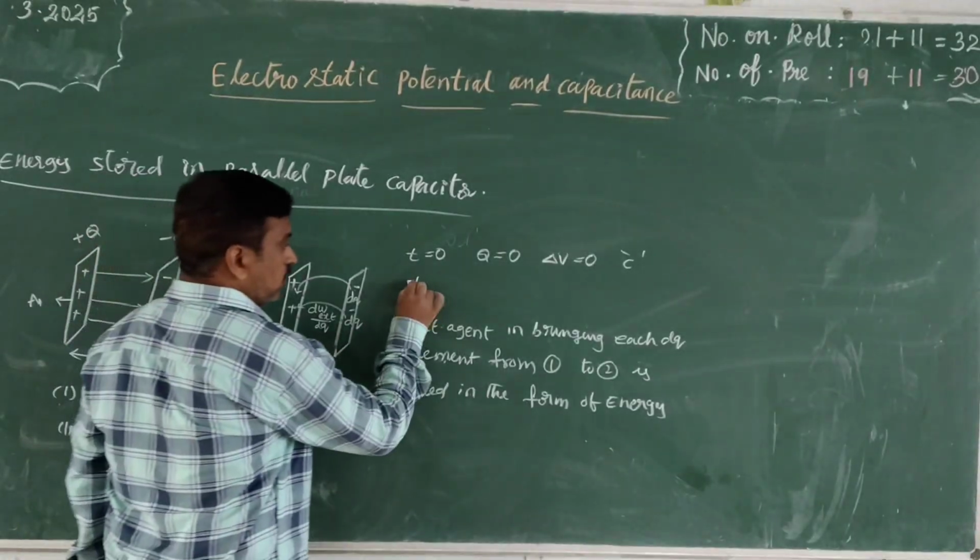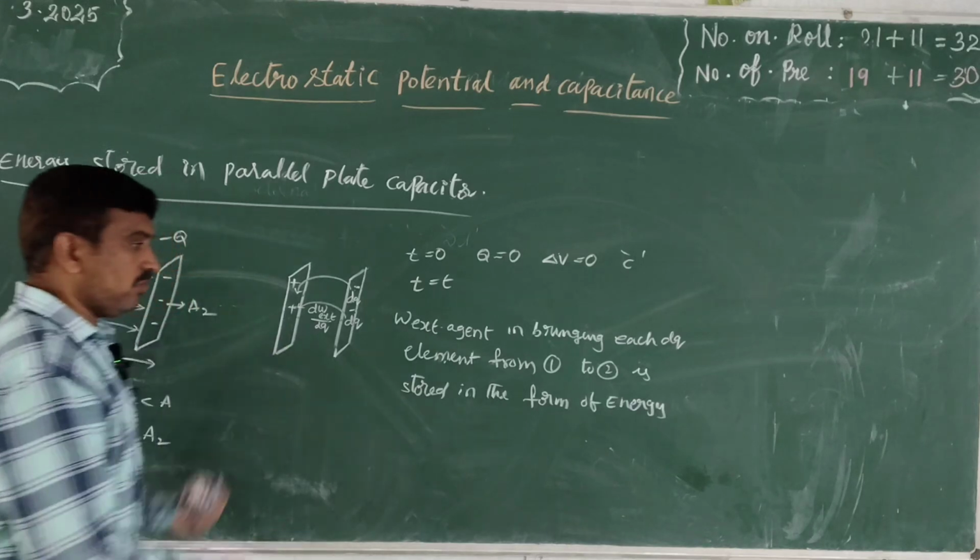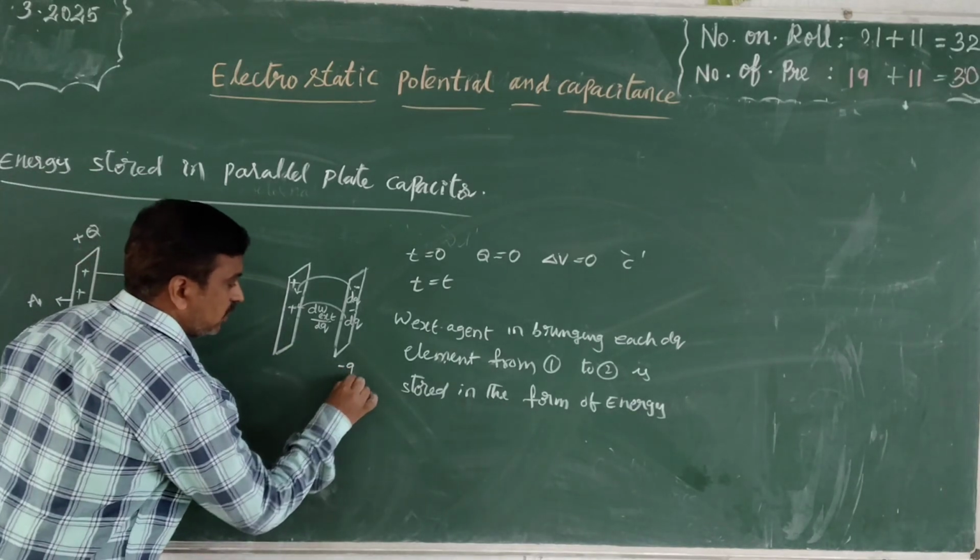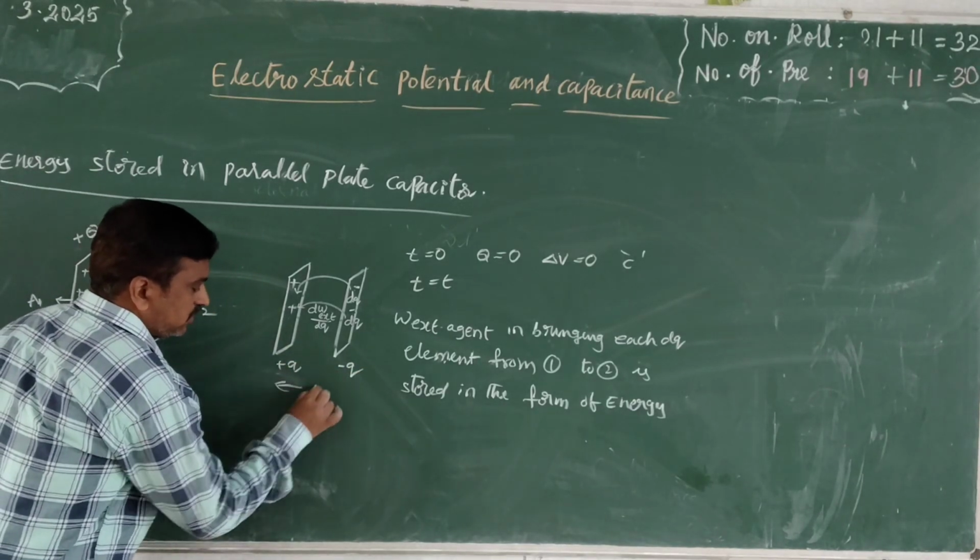At t equal to t, after time t, here minus q charge, here plus q charge, and the distance is d.